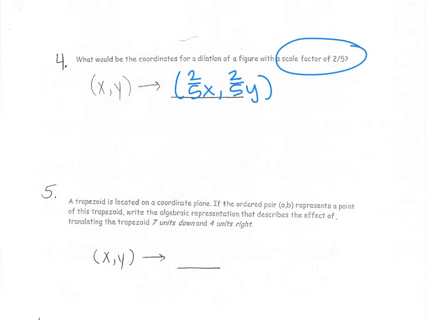If the ordered pair (a, b) represents a point of this trapezoid, write the algebraic representation that describes the effect of translating. So remember, when we translate, we just add or subtract. 7 units down, so that's your y, and 4 units right, so that's your x. So when I do this, if I go right, I'm going to add 4. And if I went down on my y-axis, I'm going to say y minus 7.